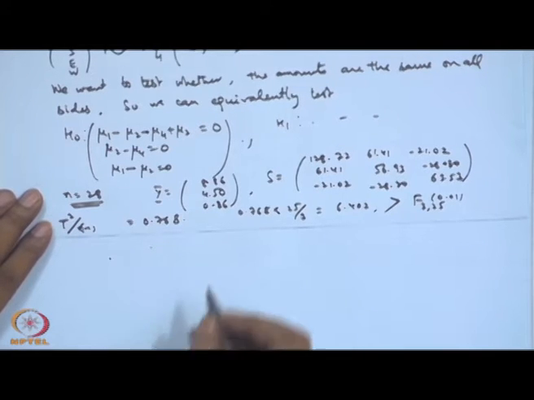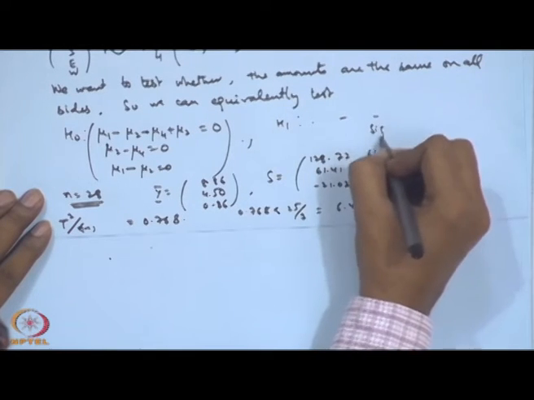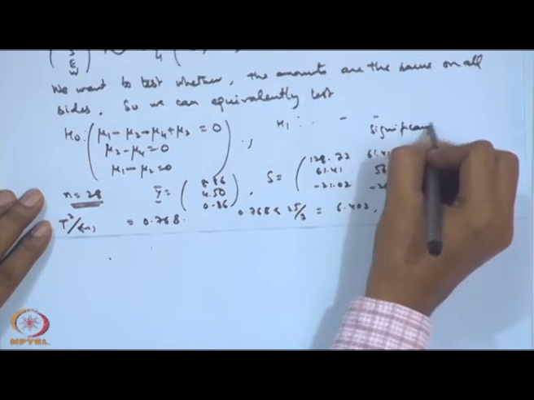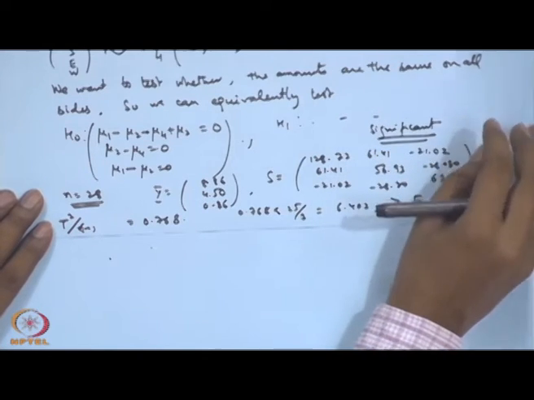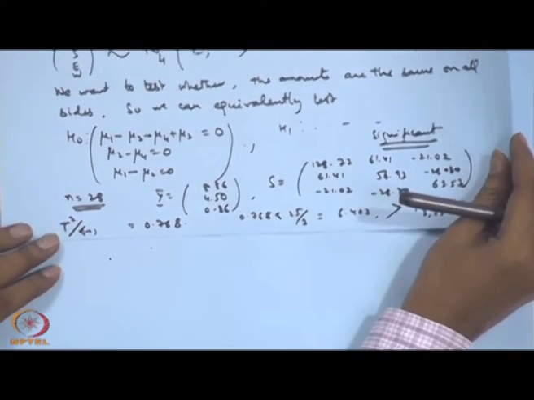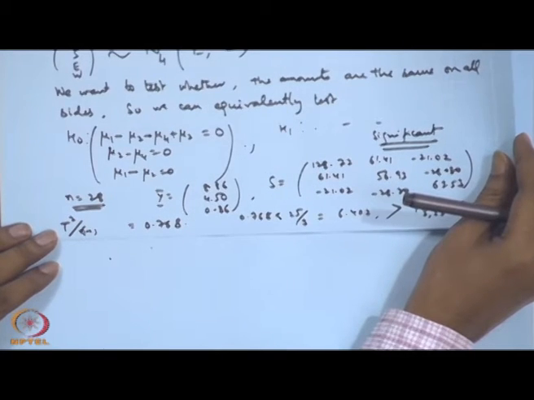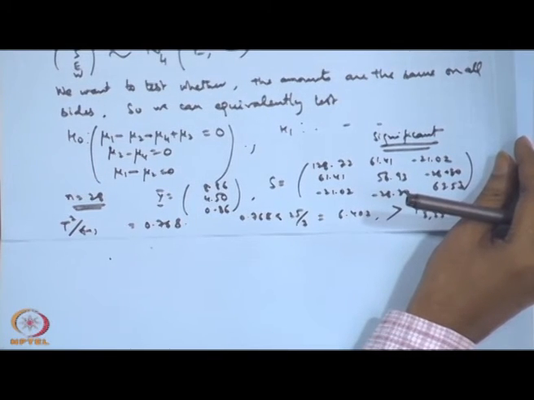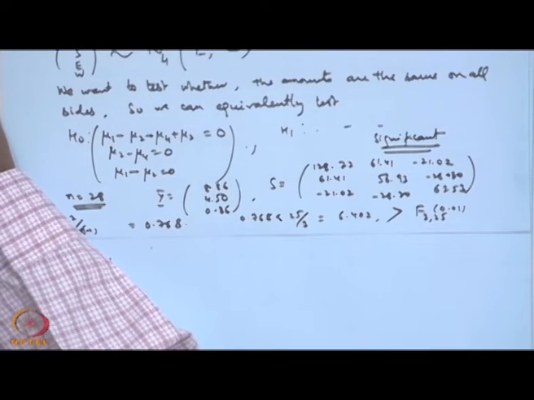So, this turns out to be significant. That means the amounts collected from all the 4 sides vary. So, this is an application of Hotelling's t square. What we are showing here is that we can consider linear functions here.